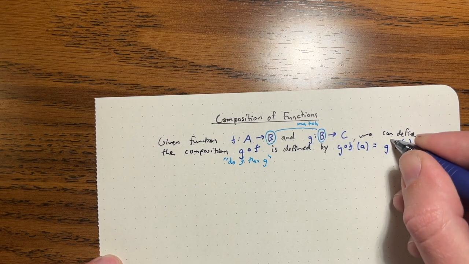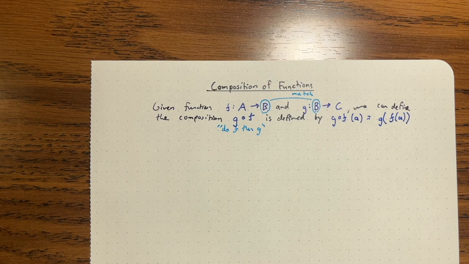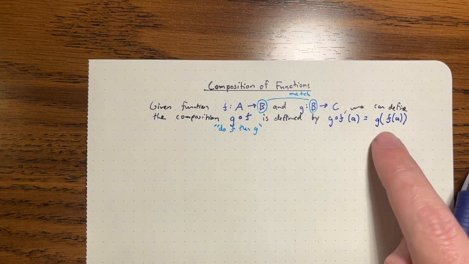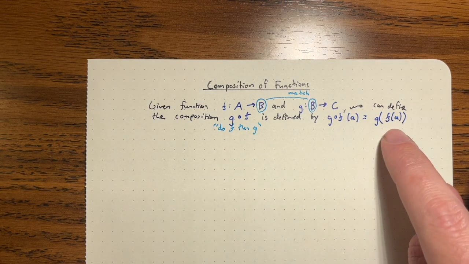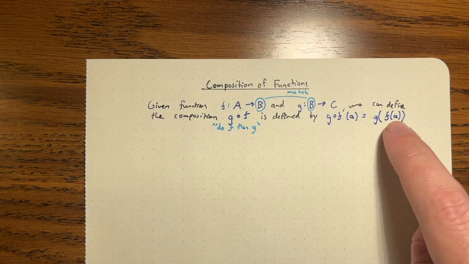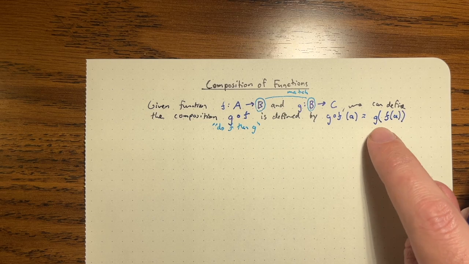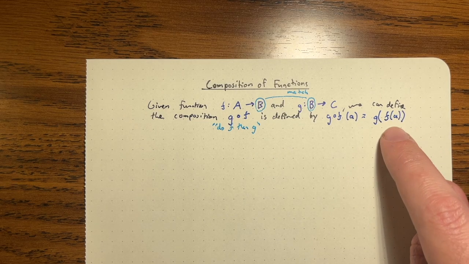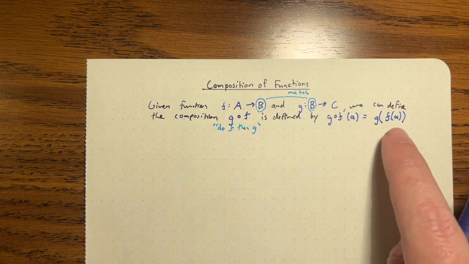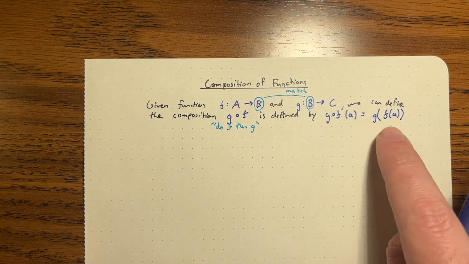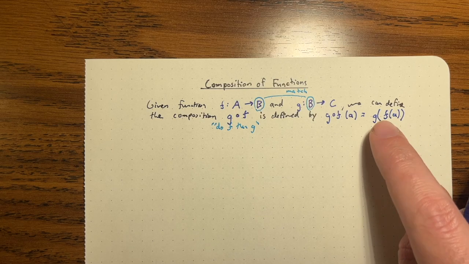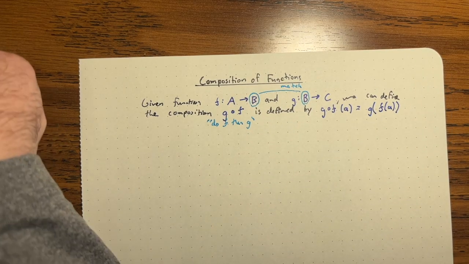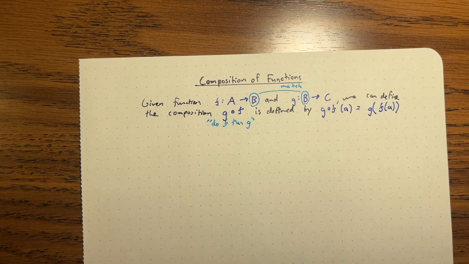So it's going to be g of f of a. And maybe this is the reason for this notation, right? Because this means I do f first, then I do g. So we just write it in the same order when we use this circle notation. So we're doing f first and then g. Okay, so that is the composition of functions.